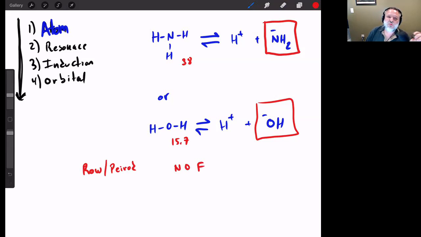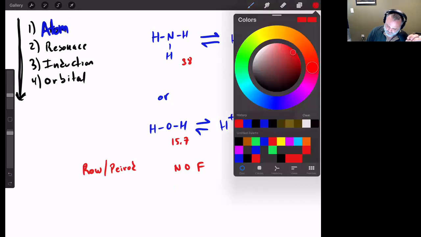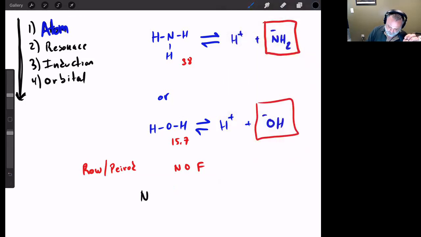And so we want to examine fluorine and say, if I wanted to compare ammonia versus water versus HF, then I can directly make that comparison based on the electronegativity of the conjugate bases.